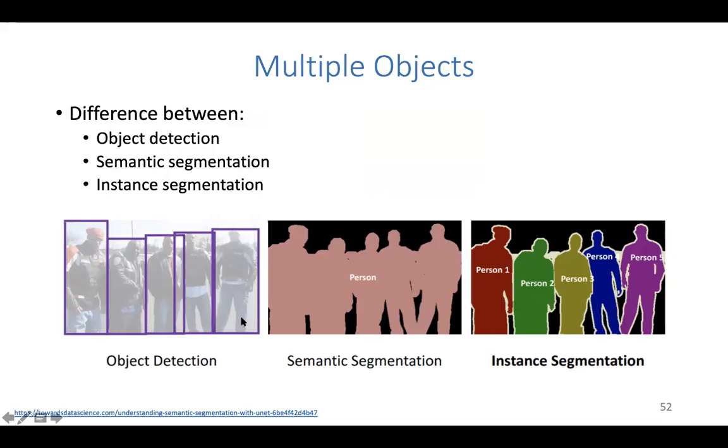In object detection, the expected output is a bounding box for different objects, and in semantic segmentation, your expected output is pixels classified into different classes. In instance segmentation, your expected outcome is pixels classified into different instances.